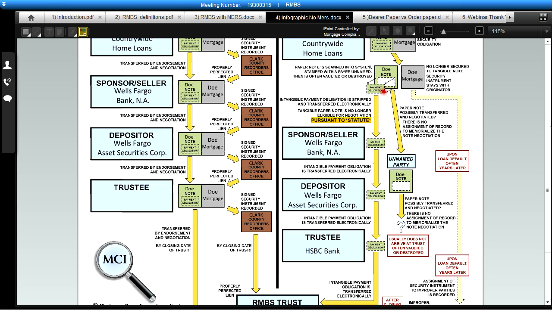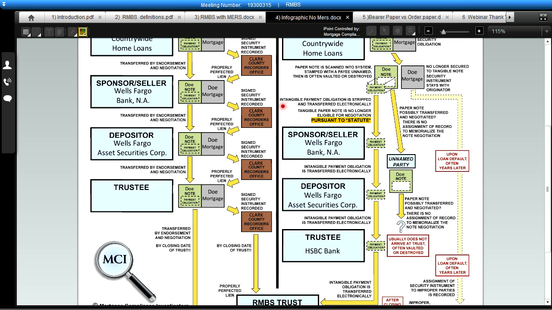Now, the consequence to selling this payment intangible obligation is that the tangible promissory note is no longer eligible for negotiation pursuant to UCC 3-203(d). So if the transfer purports to transfer anything less than the entire instrument, then the negotiation of the instrument does not occur.